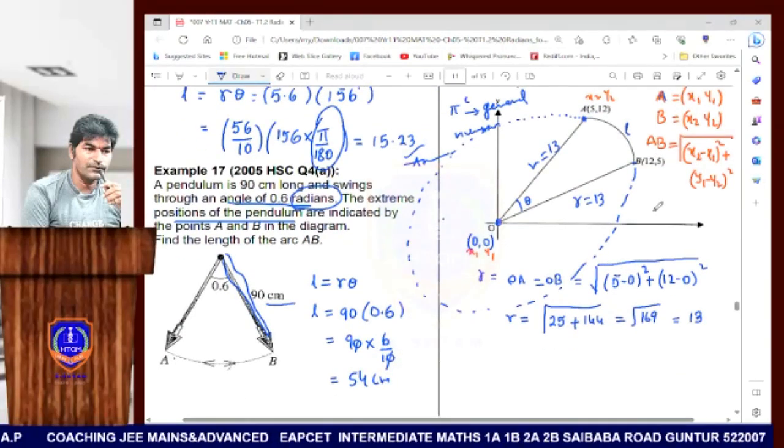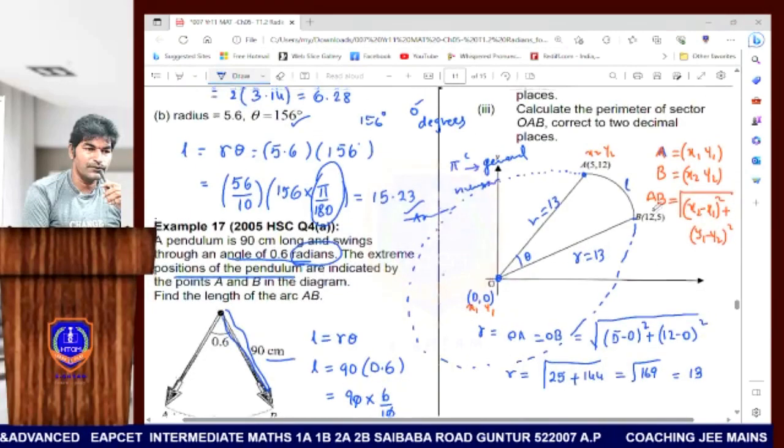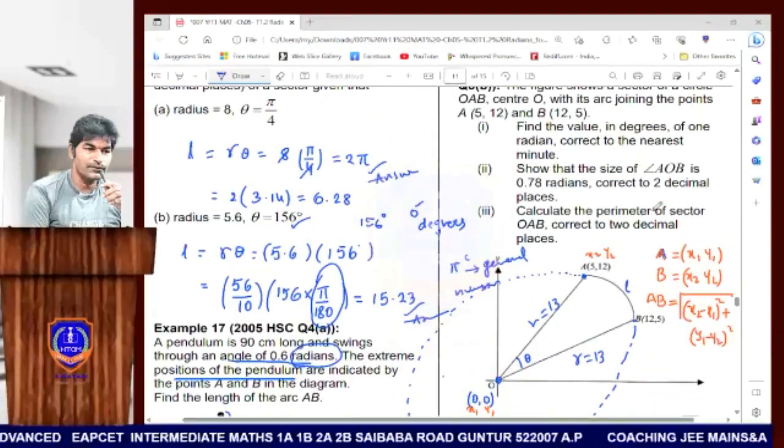Next, we will calculate theta. So how could you calculate this theta? Find the value in degrees of the radians, correct to the nearest minute.